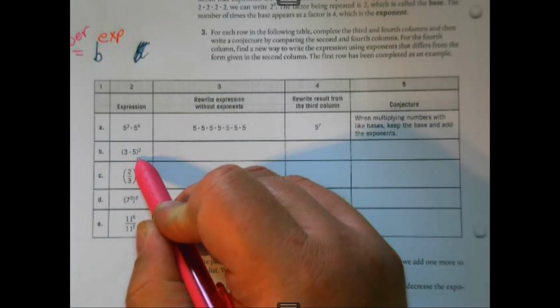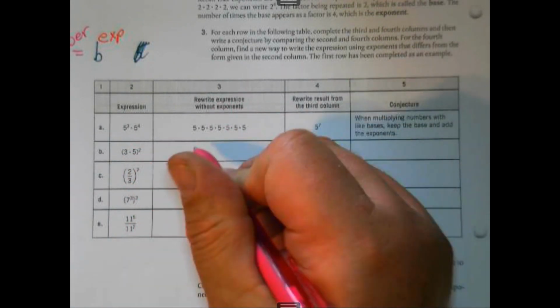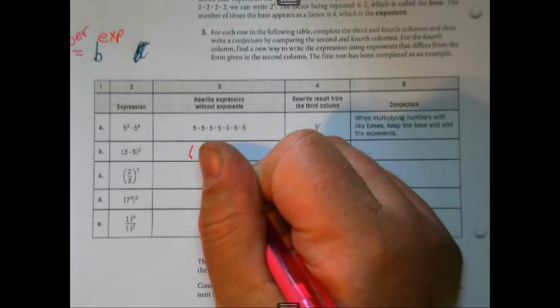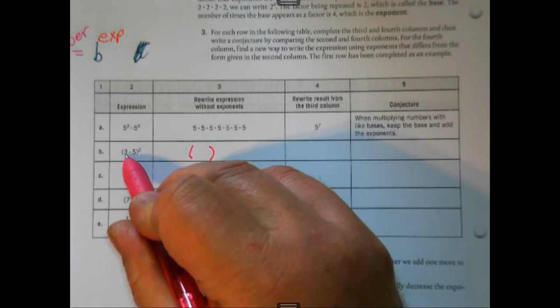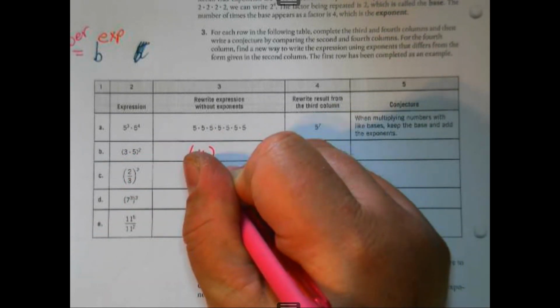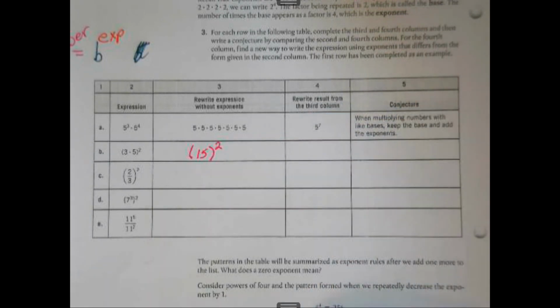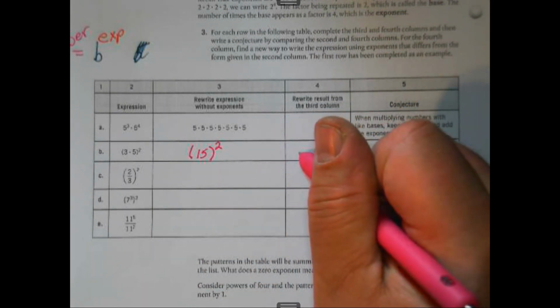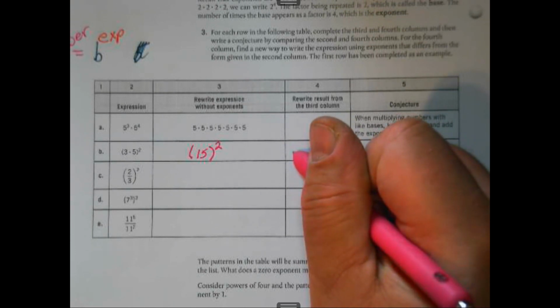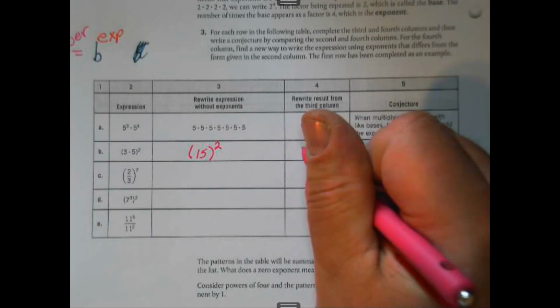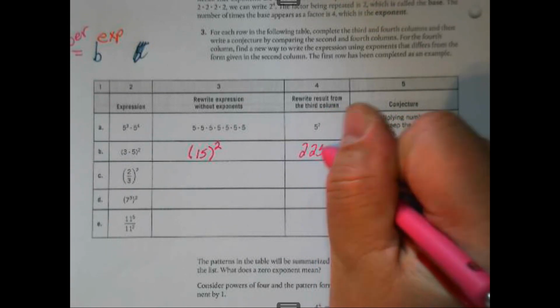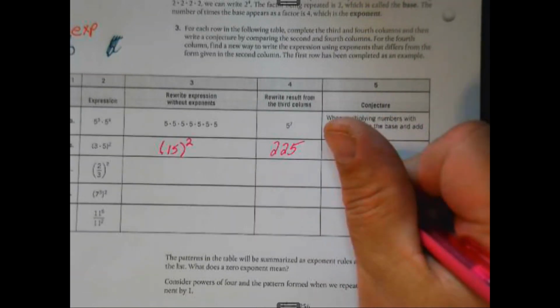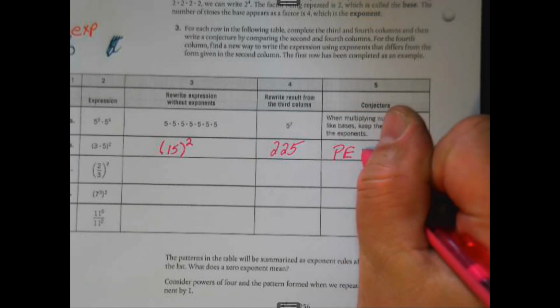Always do the mathematical operation inside parentheses if you can. So inside the parentheses, I get 3 times 5 or 15, and then square it. So that would be 15 times 15, 15 squared is 225. Okay, so here, always follow PEMDAS. Parentheses first.